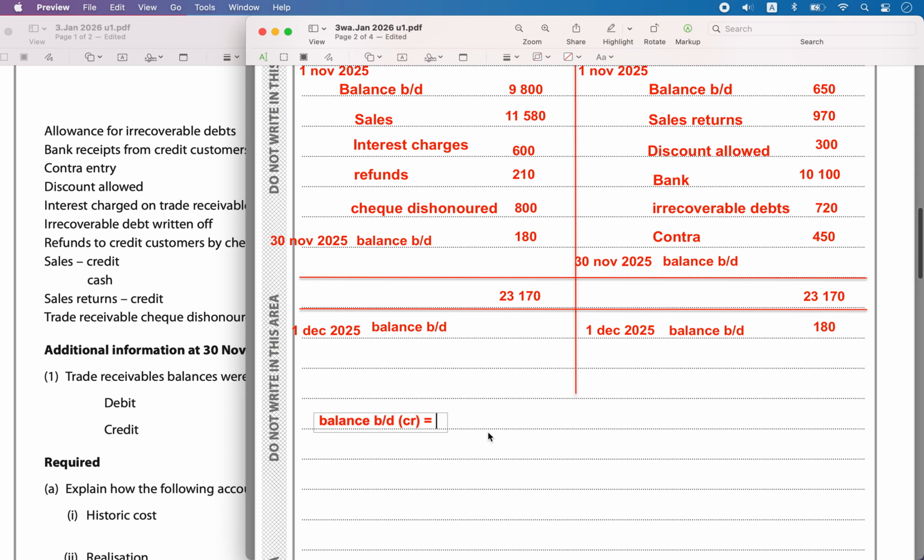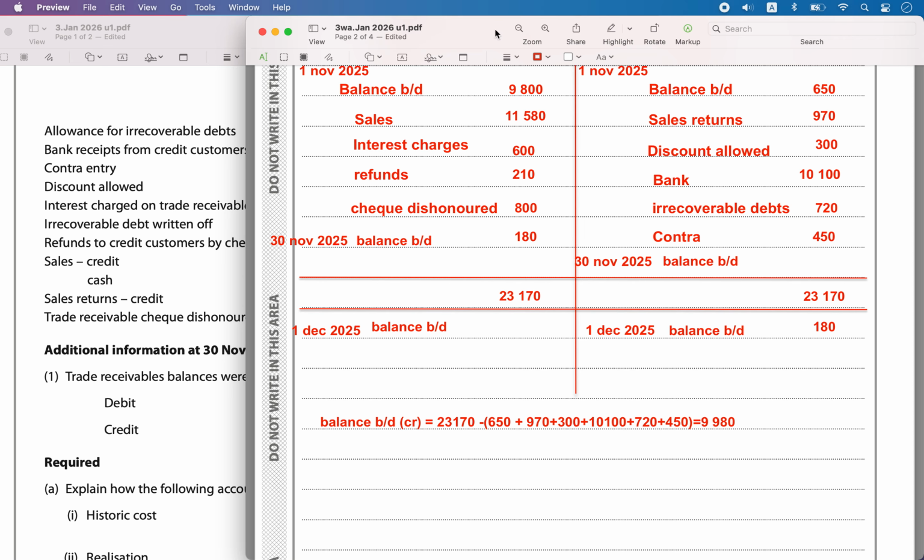That is 23,170 minus 650 plus 970 plus 300 plus 10,100 plus 720 plus 450, which is equal to 9,980.